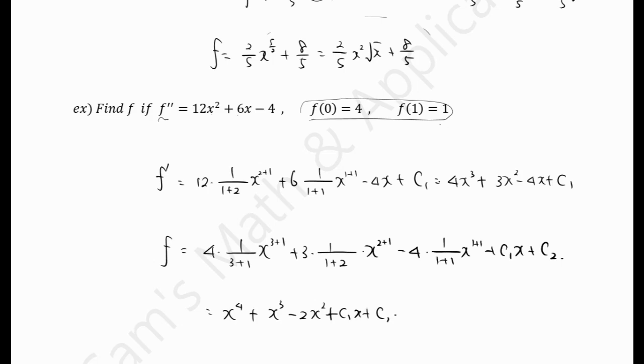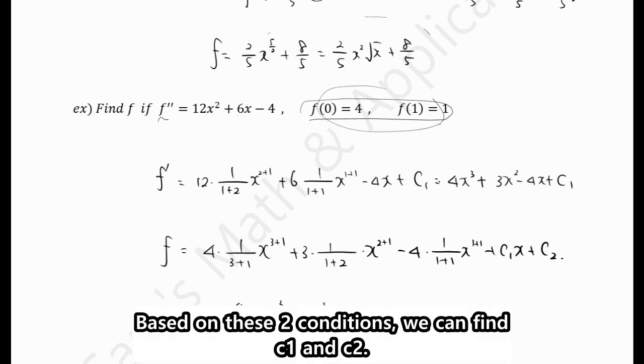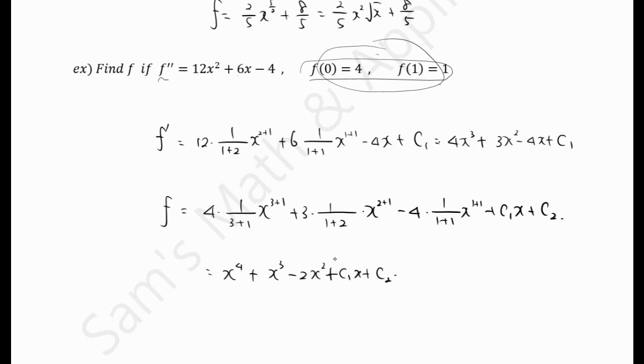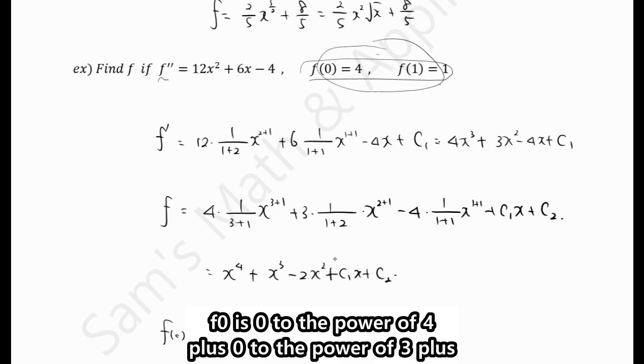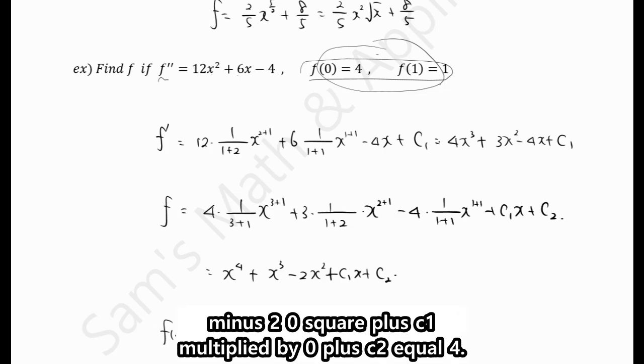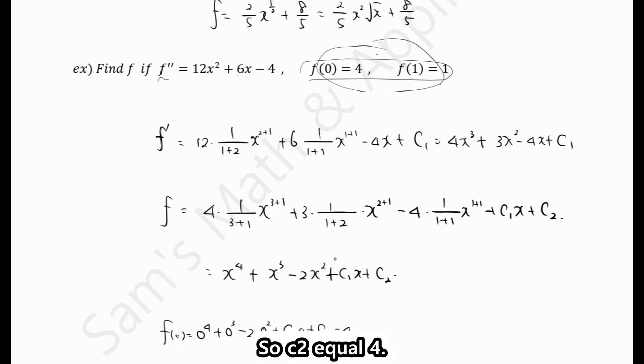We have two conditions. Based on these two conditions, we can find c1 and c2. f(0) is 0 to the power of 4 plus 0 to the power of 3 minus 2 times 0 squared plus c1 multiply 0 plus c2 equal 4. So c2 equals 4.